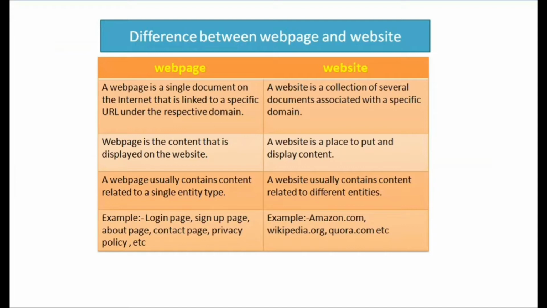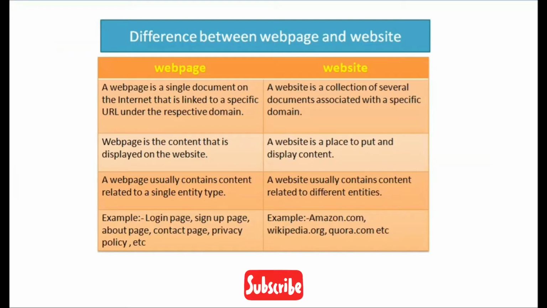So the last point is the example. So login page, your sign up page or about page, contact page or privacy policy page, all these are web pages. Whereas example of websites are amazon.com, wikipedia.org, quora.com. All these are websites.